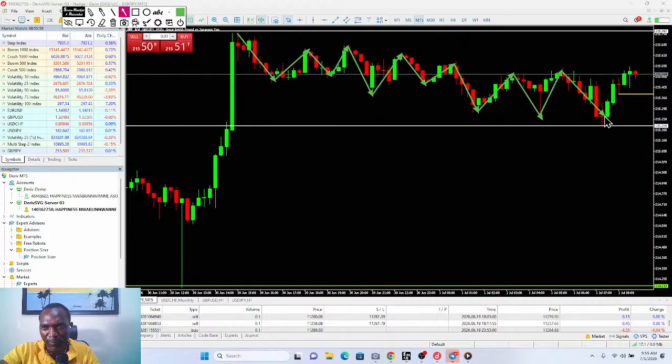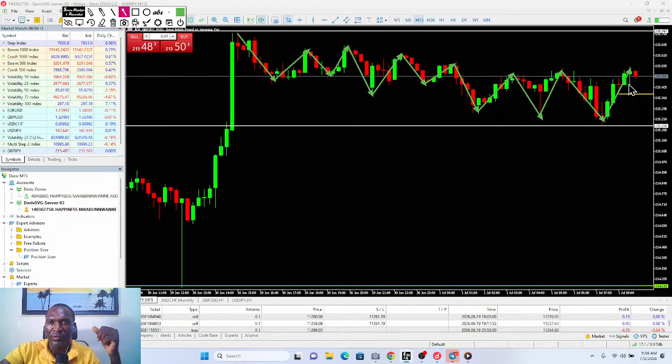So it's like a range, and here and here are what we are to look at from. This is a pattern on its own.